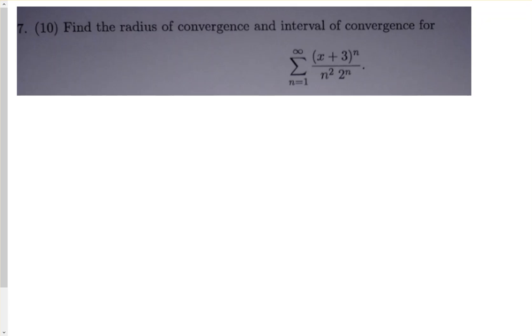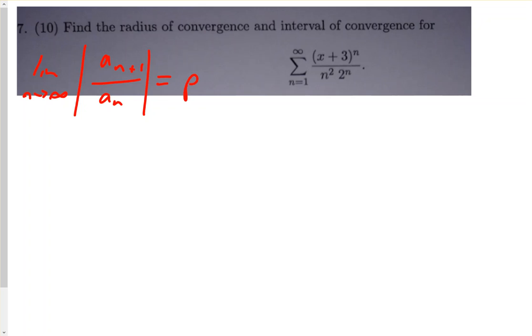Okay, so we will use the ratio test. Remember the ratio test: the limit as n approaches infinity of a sub n plus 1 over a sub n equals rho.